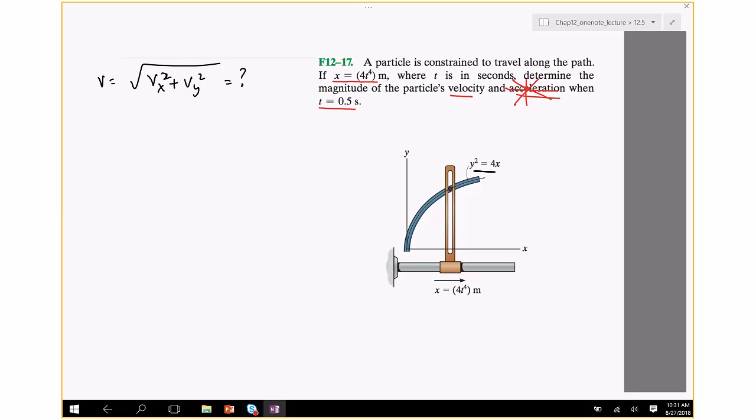I'm going to turn the iClicker on. You have to use the frequency which is posted right here.